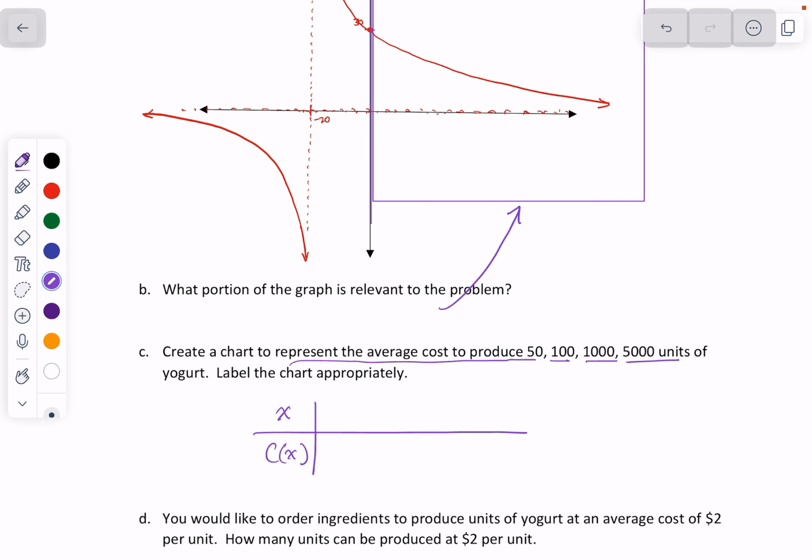I'll just use X and C of X. We'll call this units, and we'll call this average cost. All right, and so we're going to have 50, 100, 1,000, 5,000.